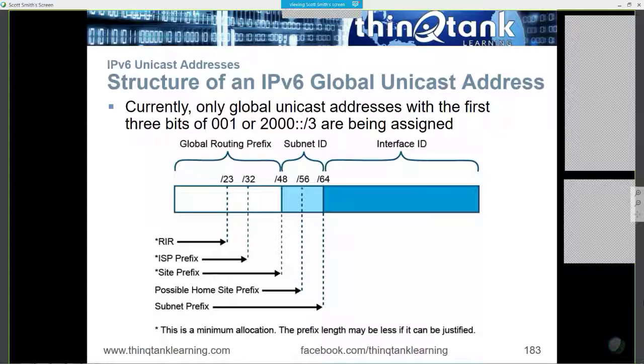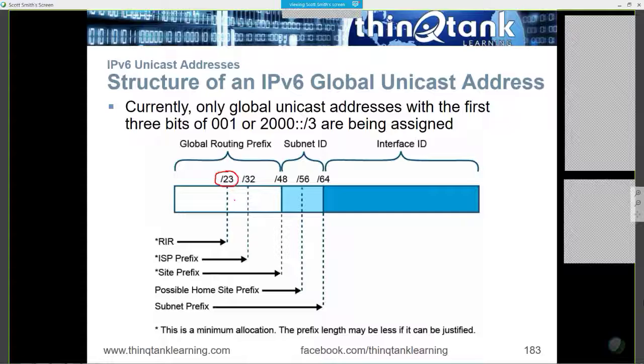So as I mentioned before, global unicast addresses start with 2000::/3. Now, this is the part that makes IPv6 even more interesting, right? Because let's break this down. The regional internet registries are getting assigned /23s. There are some legacy addresses that are smaller than that, but a regional internet registry is getting a /23.